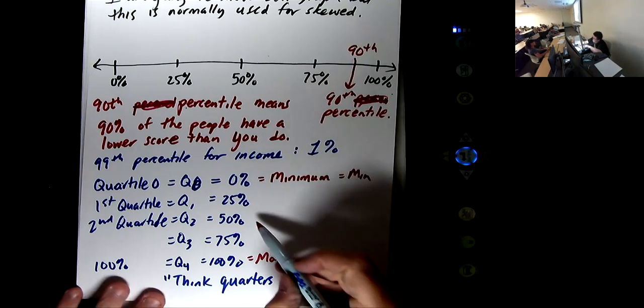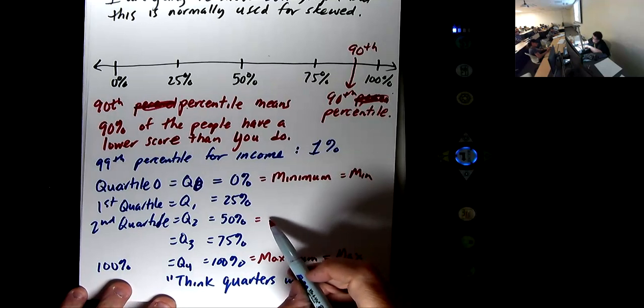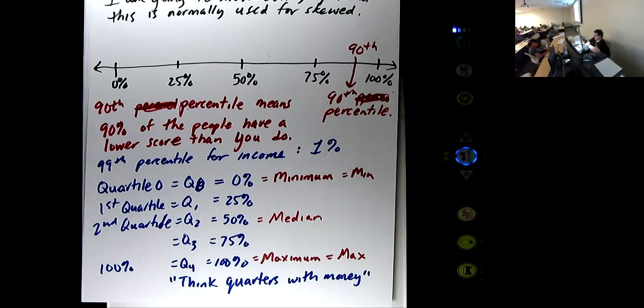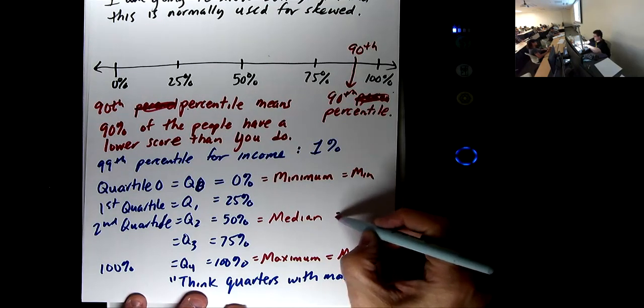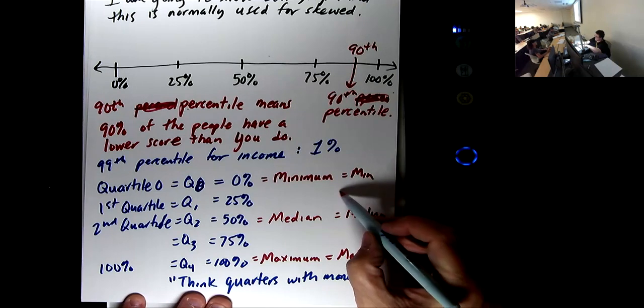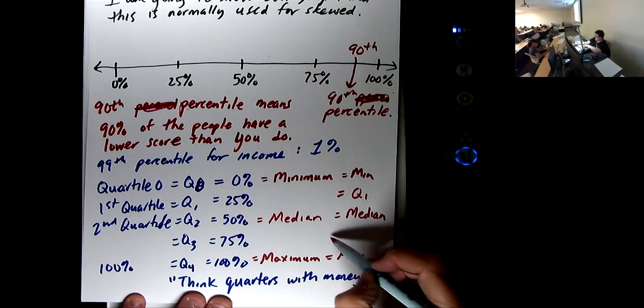If you have 50%, you are halfway, you're exactly in the middle. Middle is median. And these ones are just Q1 and Q3.